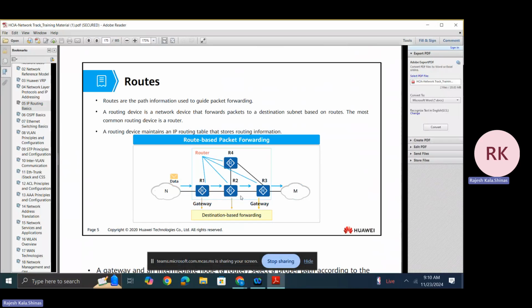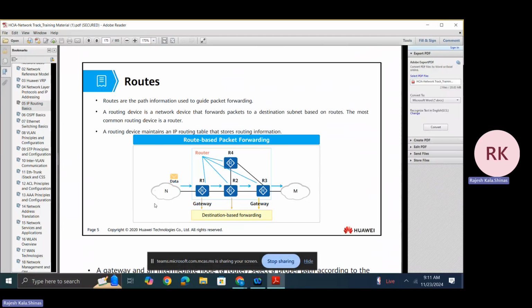From there, this router will check which is the best path. It will check the routing table and forward the packet along the best route. From there, it is forwarded to another router. Finally, it reaches the gateway of the destination network, and they forward it to the destination host or destination network address. This is how the router performs packet forwarding.